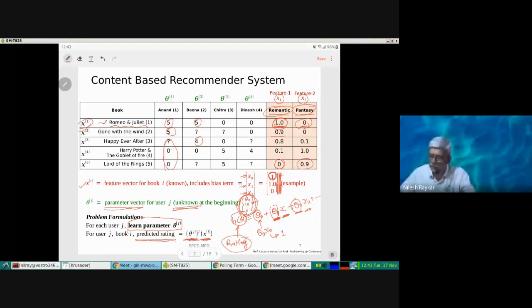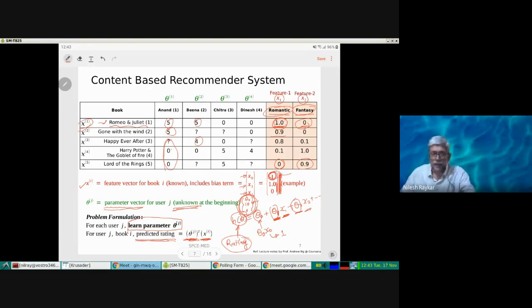There is also one artificial feature, the bias feature, which is always 1. That takes care of the case where each user, irrespective of their liking, always gives a certain minimum rating to a particular book. So that is taken care of by this bias term.